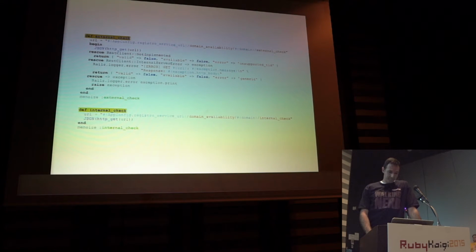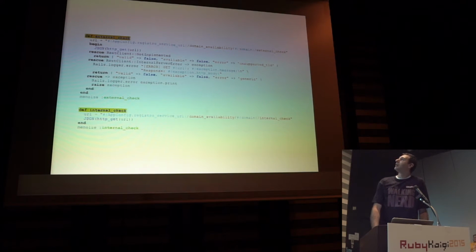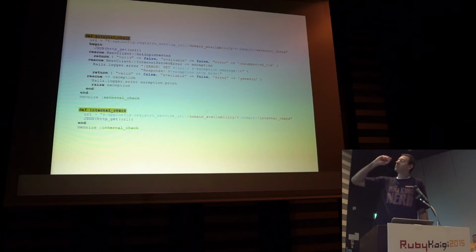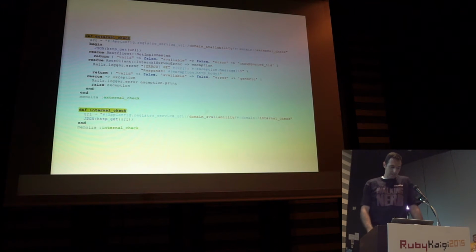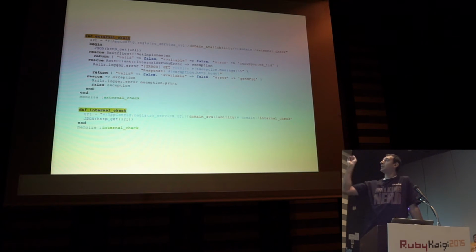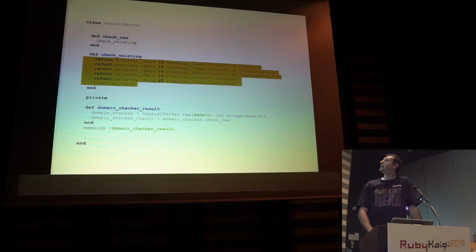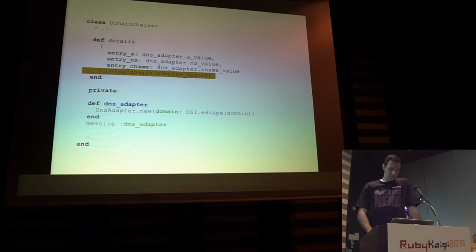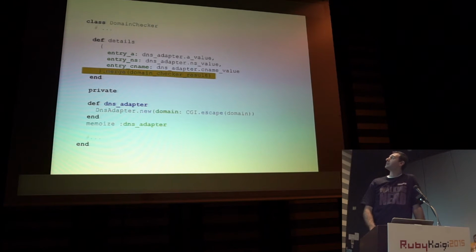And so the external and internal checks are methods that do an HTTP call to APIs. And more dependence using domain check result.